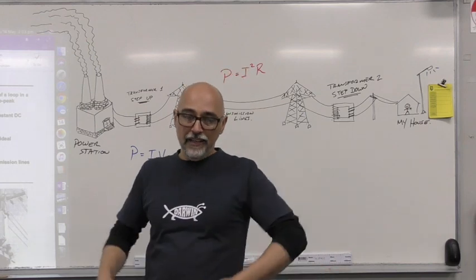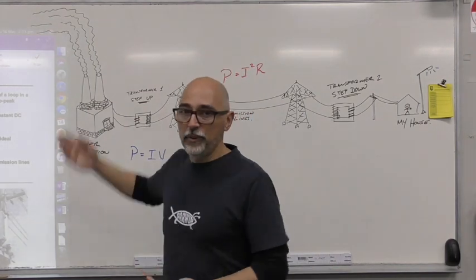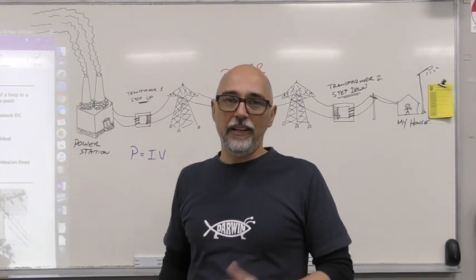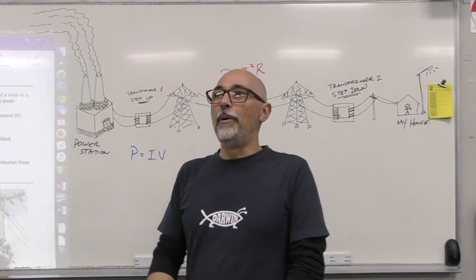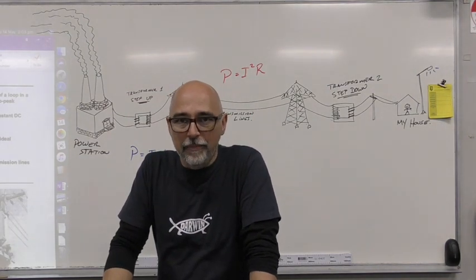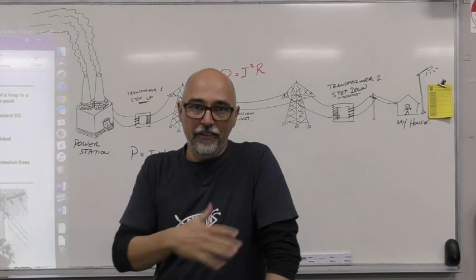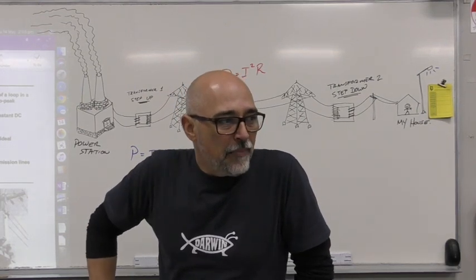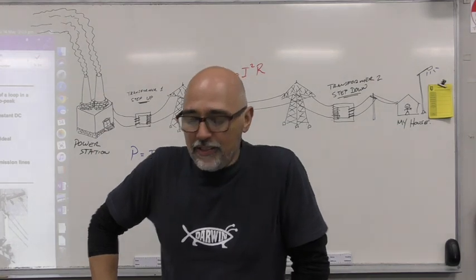Don't forget, when you're burning fuel to make that power in the first place, you want to get value for money. You don't want to be burning twice as much coal or oil than you need to just to get the power that you need at the other end. So there is a way of protecting the system and stopping those losses.